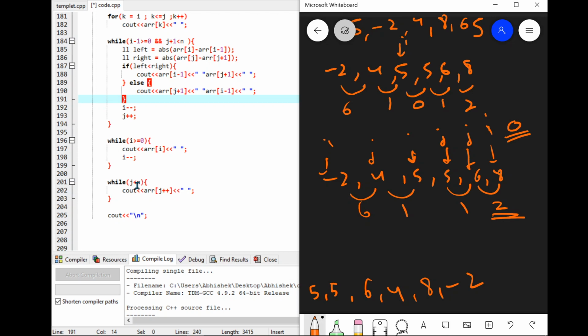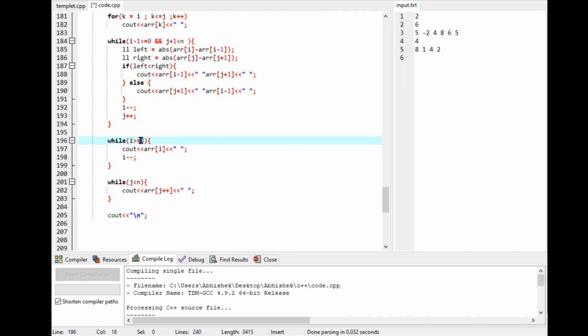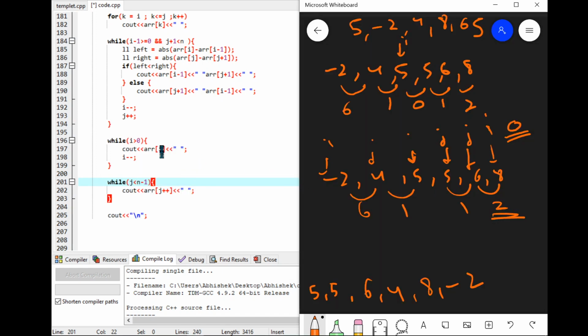So I think this one should go right, and i would be here and j would be here. So greater than equal to 0. I think we need to modify this condition somewhat, because it would again print these two numbers. So it is not equal to 0, it is greater than 0. And less than n, less than n minus 1. Let me think again of this. This condition appears to be wrong to me, because when i is at 0 and j is at 0 1 2 1 2 3 4 5 6.